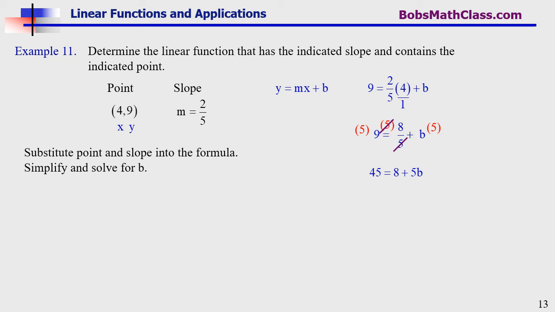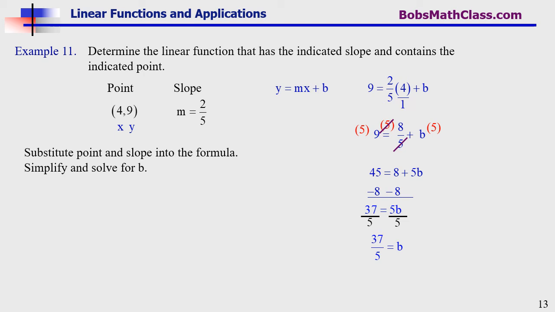Don't forget to multiply the 5 by b. Now this isn't necessary if you subtracted 8/5 on both sides. If you subtract 8/5, you could either use a calculator, or you could get common denominators. All right, subtract 8 on both sides, and then divide by 5.